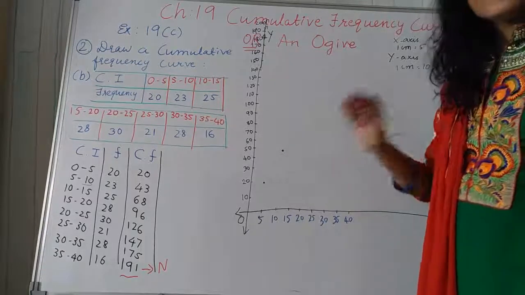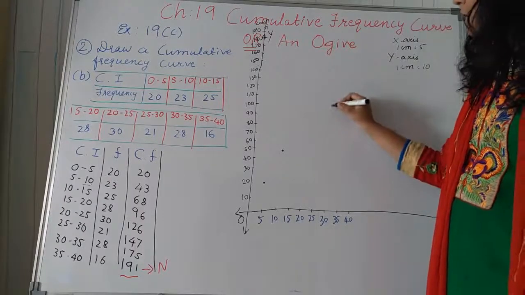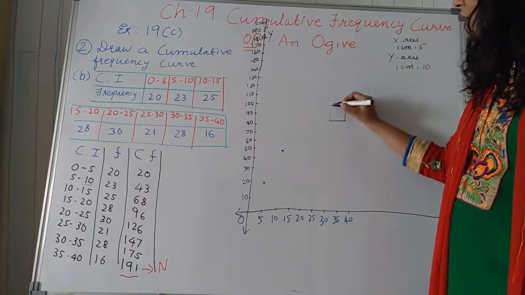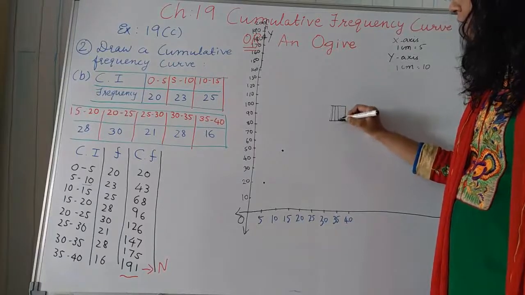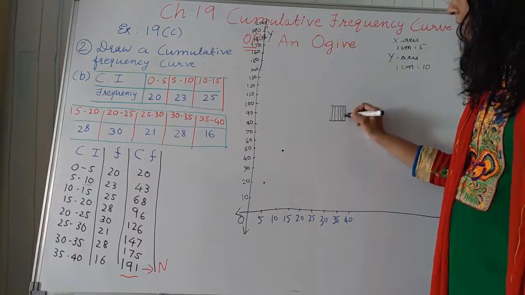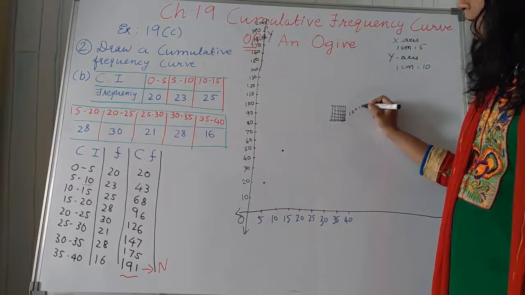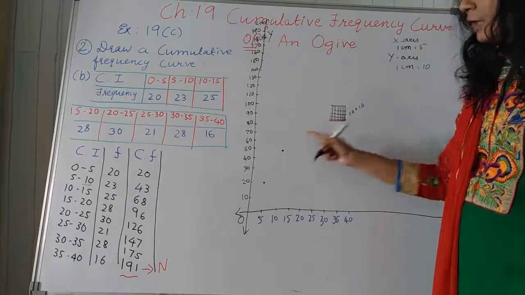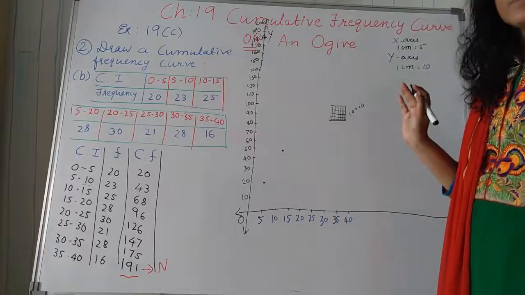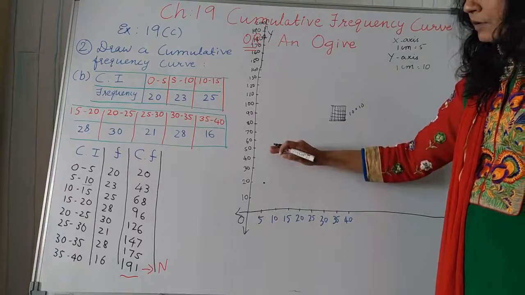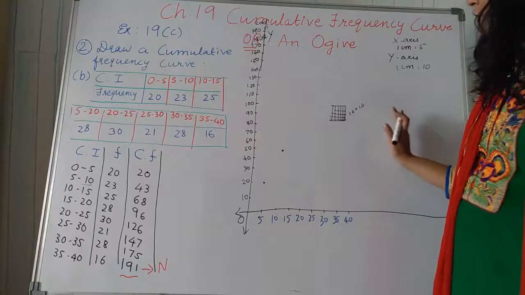So after 43 you have to take the point here. You know that there are two types of boxes, students, in your graph books. If there are 10 by 10 small lines like this, in which you will get 43 very easily. At the third line after 40 you will get 43.